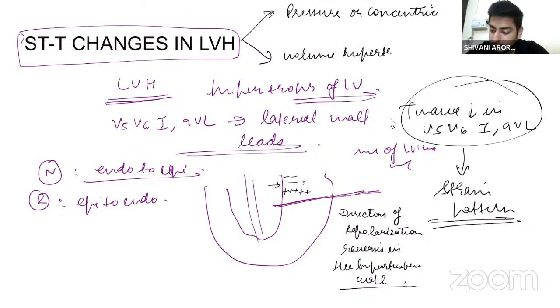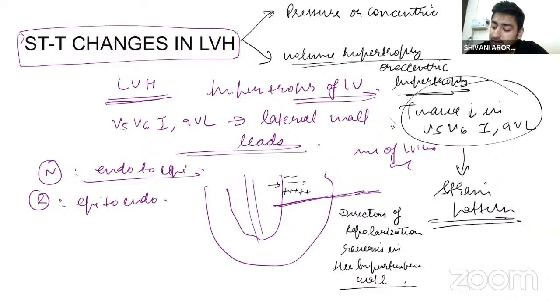So in pressure or concentric hypertrophy, this strain pattern would be seen. While in volume or eccentric hypertrophy, since there is no increase in the width of the myocardium, there would not be a strain pattern. And these T wave inversions may be associated with ST depression as well. Clear?